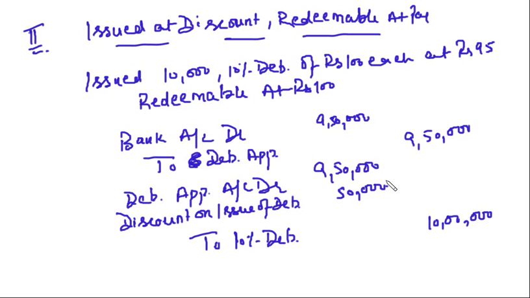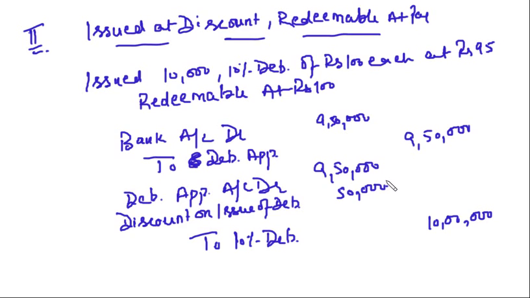And when you are redeeming at 100 rupees, basically, what you have done is you have taken 95 from the people, 5 from your profits. You have completed 100 rupees and 100 rupees you are returning to the people. Is there any profit or loss? No. You took 95 from the people by giving them 5 rupees discount, and that discount of 5 rupees you take out from your profit or the securities premium.